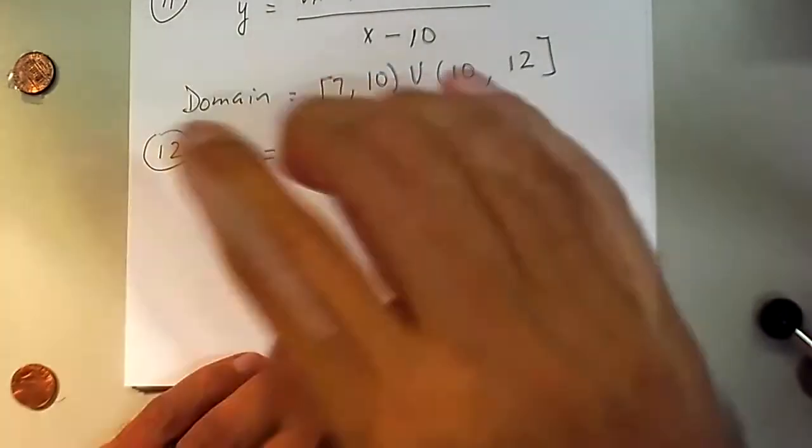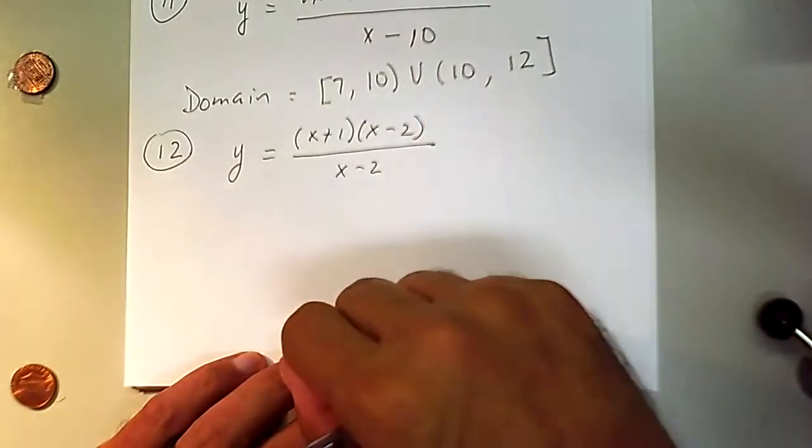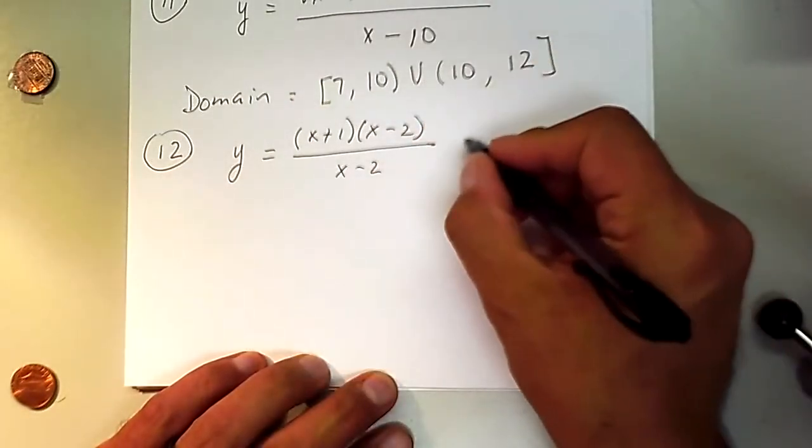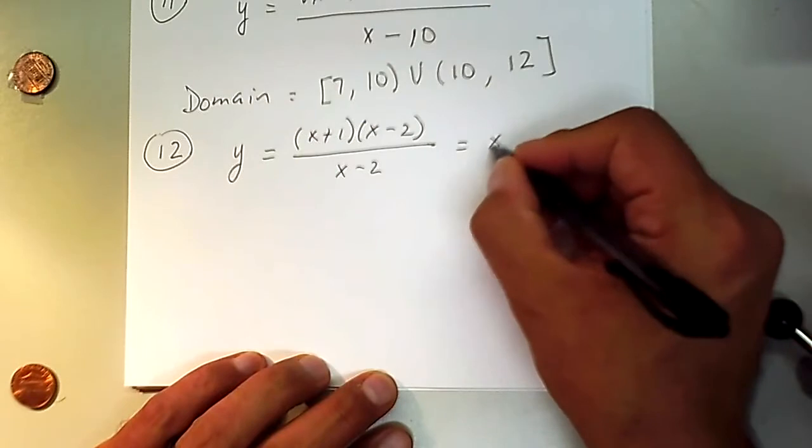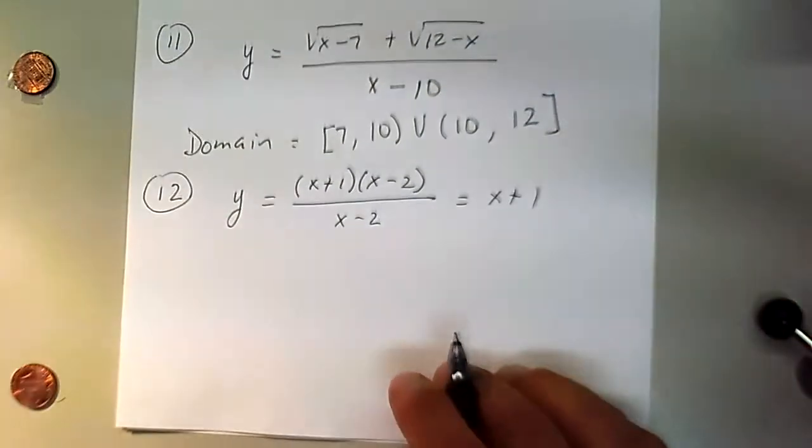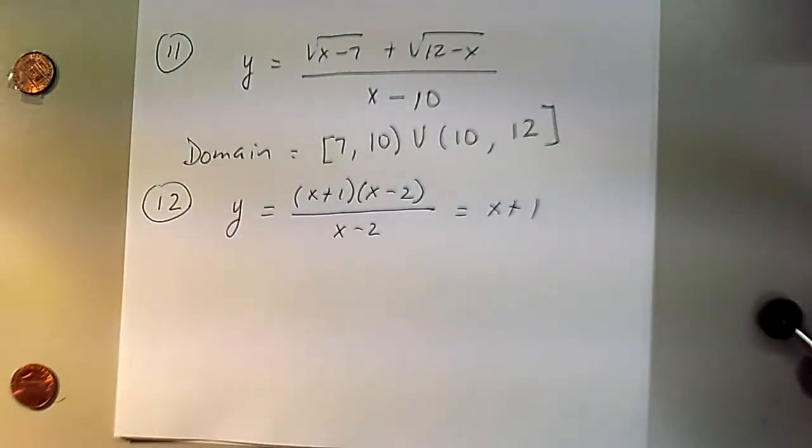Somebody could say, well, those two cancel off. So the answer is really x plus 1, and x plus 1 was one of our very first examples. So we may say, shouldn't it be all real numbers?